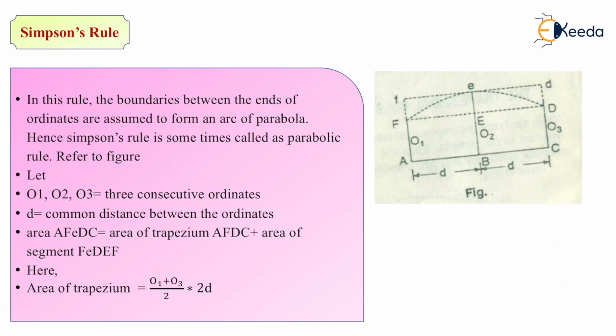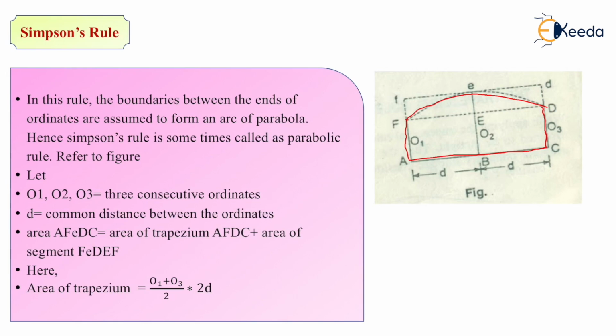So here, the area of A, F, small e, capital D and C, this much area, we have considered. That is the area of trapezoid plus the area of segment, that is FEDF.